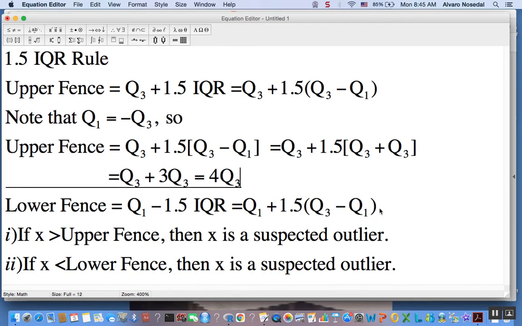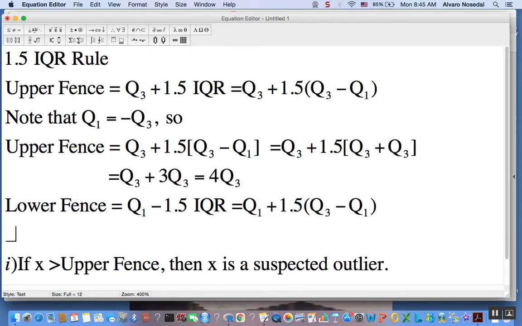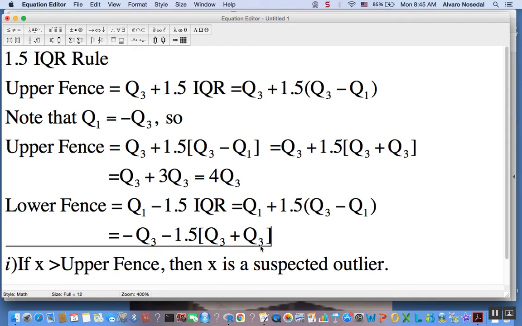Okay? Doing similar calculations, since Q1 is the same as minus Q3, and then we would have negative 1.5 times IQR, we are going to have minus Q3 minus 3 times Q3.